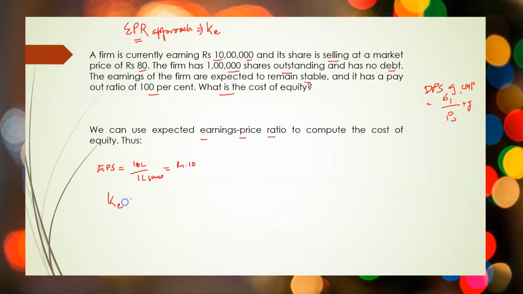So KE is equal to EPS1, expected a year hence, divided by the current market price, which is rupees 80 here in the question. So rupees 10 divided by 80 is equal to 0.125 or 12.5%.